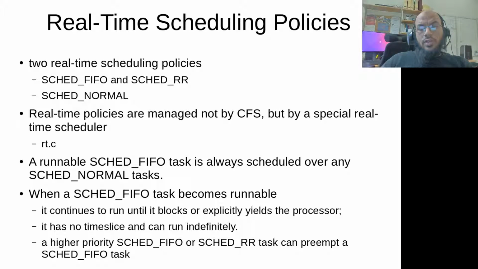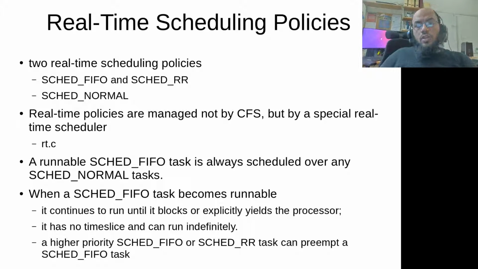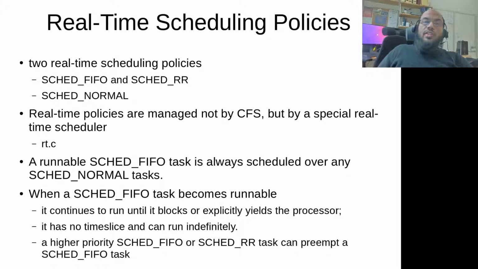If there are any other, for example, SCHED_NORMAL tasks running on the processor at that time, they will all get preempted for the SCHED_FIFO or the SCHED_RR processes, because they have real-time policy scheduling as their default scheduler.